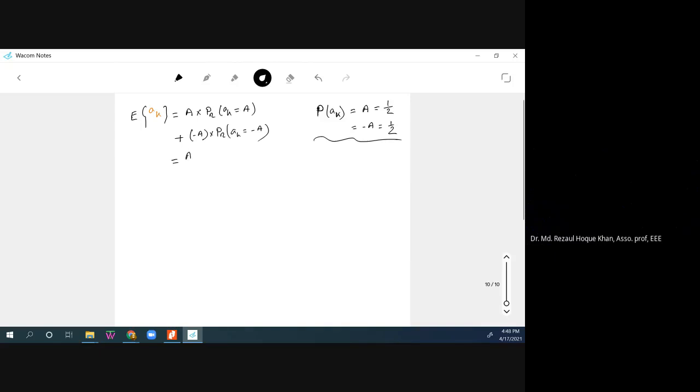So A into half plus minus A into half is 0. So the expected value or the average value of this random AK is 0.